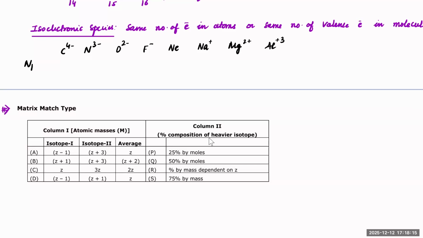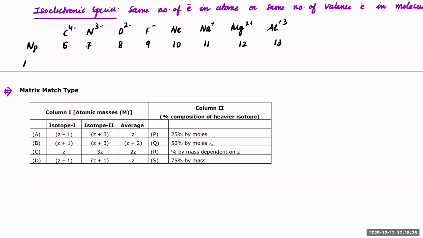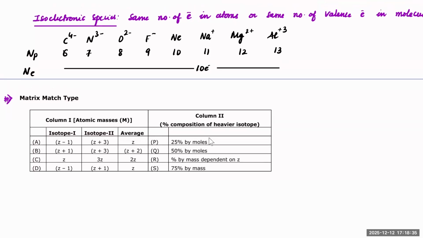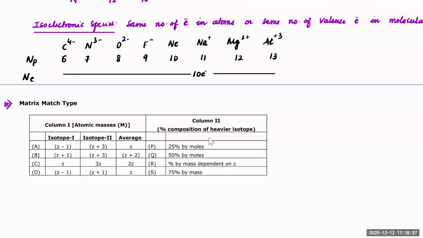If you notice the number of protons here, there are 6, 7, 8, 9, 10, 11, 12, 13. While if you compare the number of electrons, all of them have the same number of electrons, which is 10 electrons. So that implies all these are isoelectronic species.